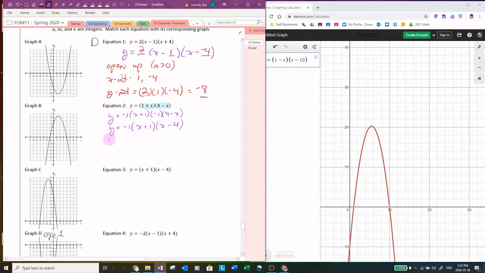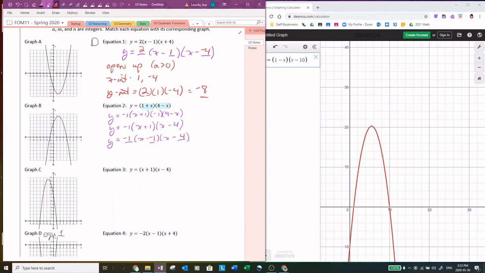And then I'm going to go one more step, and I'm going to write this out with my a, m, and n. So this is going to be x minus something and x minus something, which I'll do in red. So this is negative 1, this is negative 1, and this is just 4.